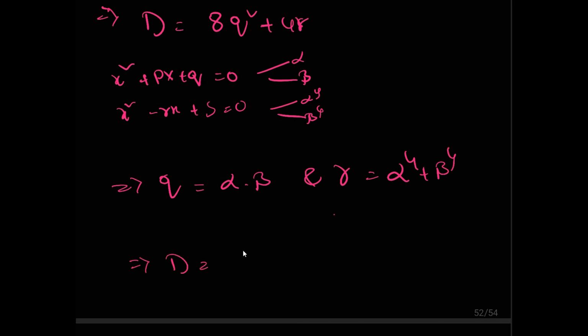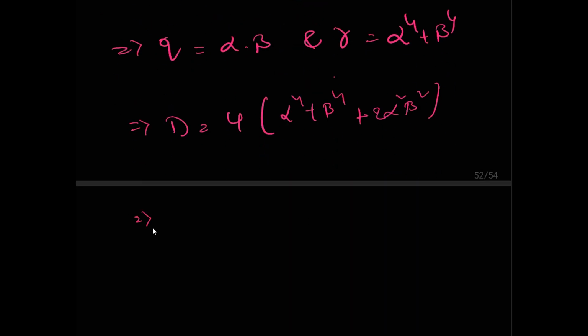We will get D equals to, take out 4 as common, alpha power 4 plus beta power 4 plus 2 alpha square beta square. That equals to D equals to 4 times alpha square plus beta square whole square.